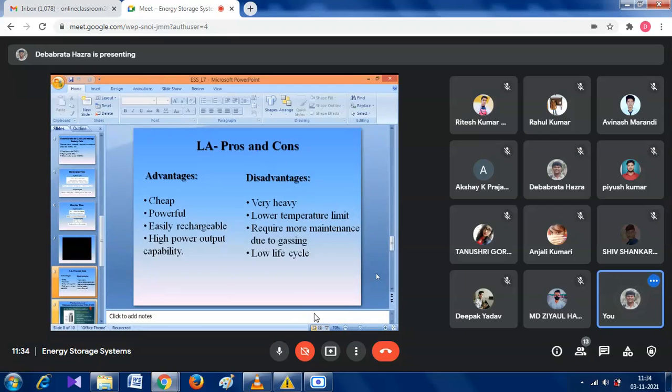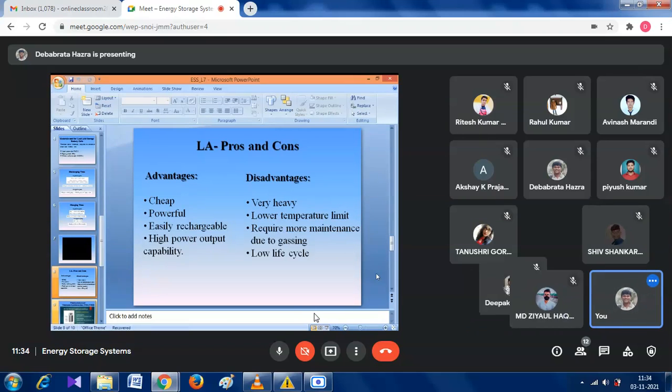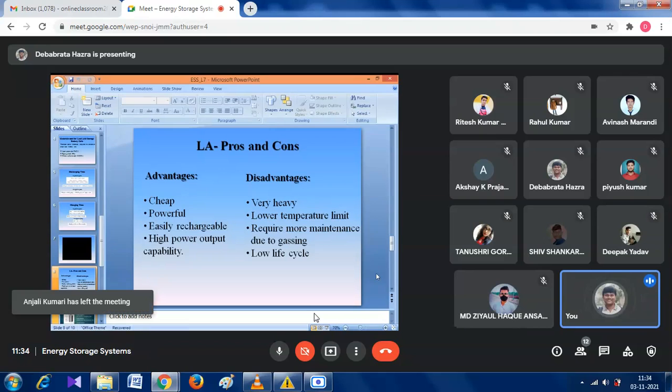So due to this sulfation and the gassing of hydrogen, we have to maintain it, or say the maintenance of the lead acid battery is high, and it has a low life cycle.